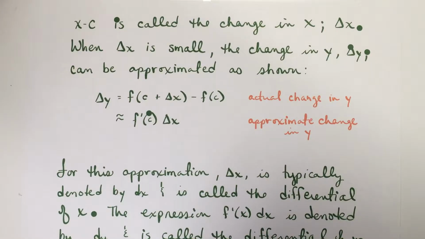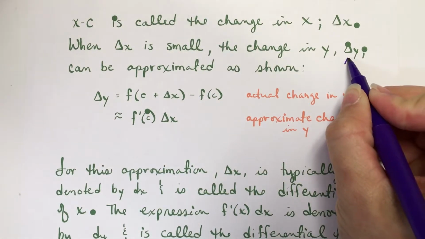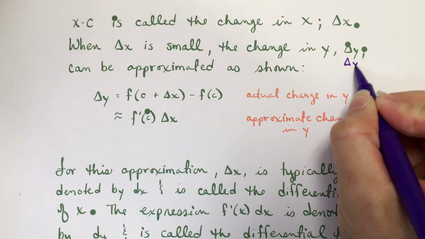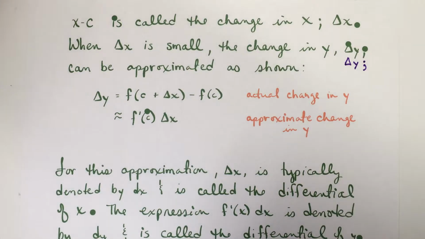All right, so just some notation and terminology here that you need to be familiar with. X minus C is referred to as your change in X, which is going to also be noted as delta X. And when delta X is small, then the change in Y, which is referred to as delta Y, can be approximated by what you see below here.